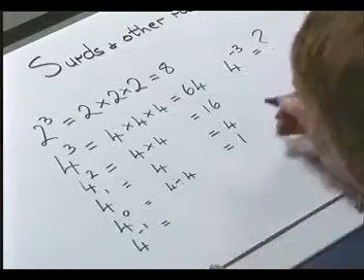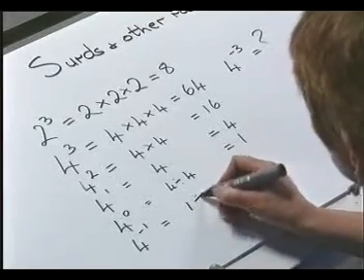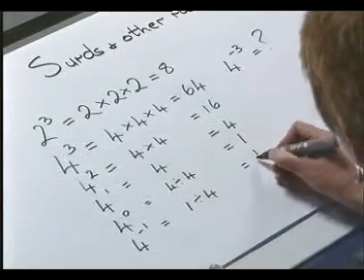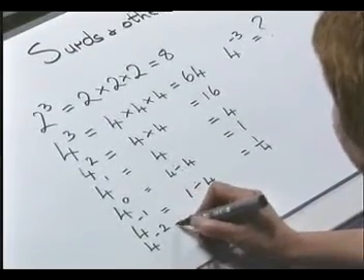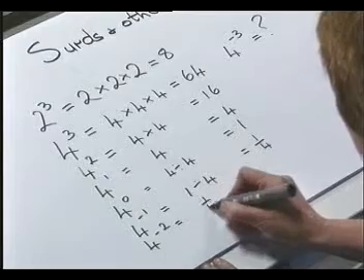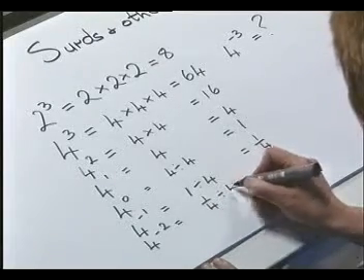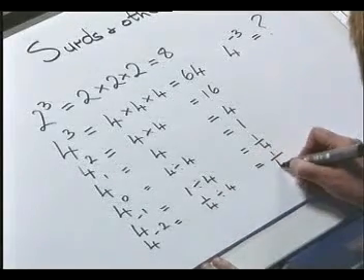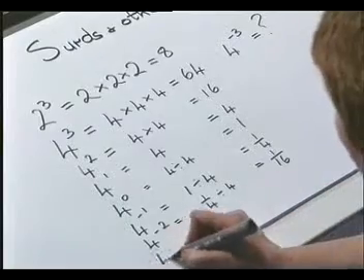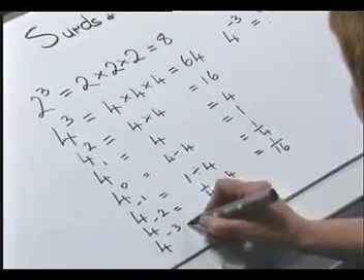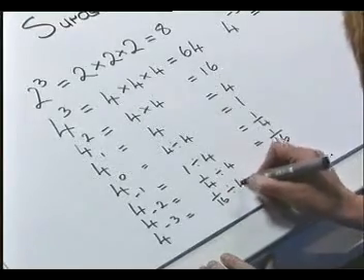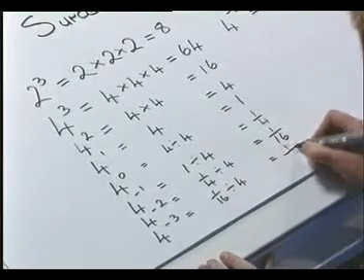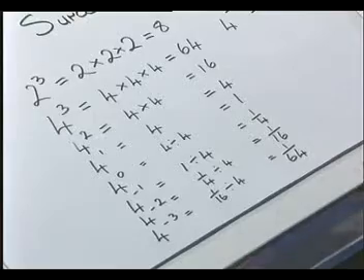4 to the negative 1 will be 1 divided by 4, which is a quarter. And 4 to the negative 2 must be a quarter divided by 4, which is 1 over 16. And 4 to the negative 3 must be 1/16 divided by 4, which is 1 over 64.